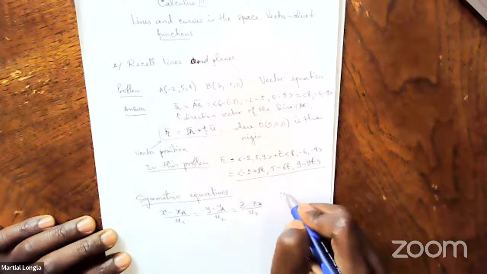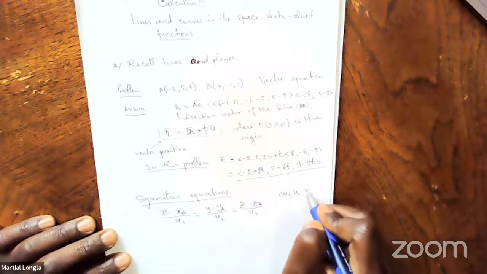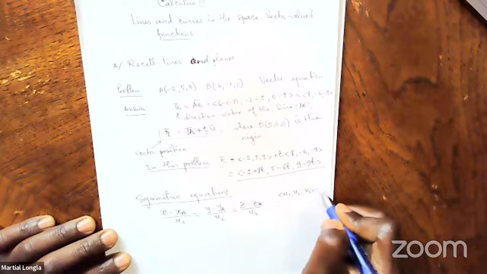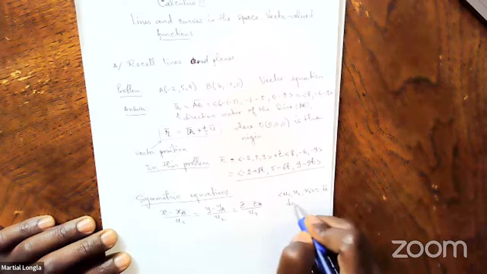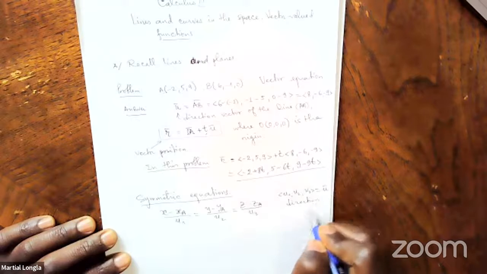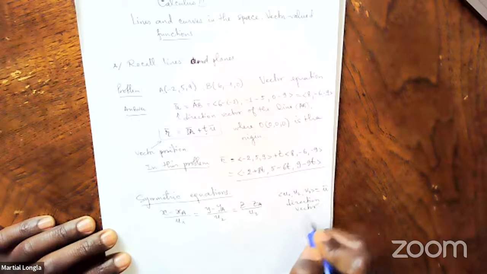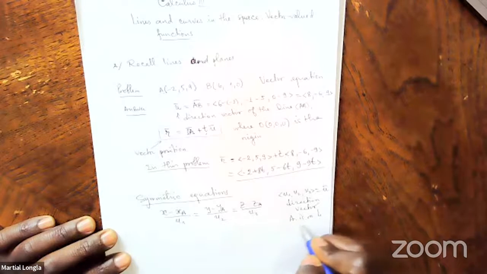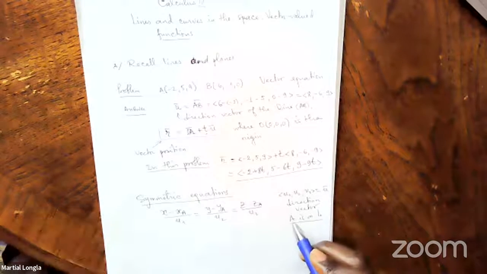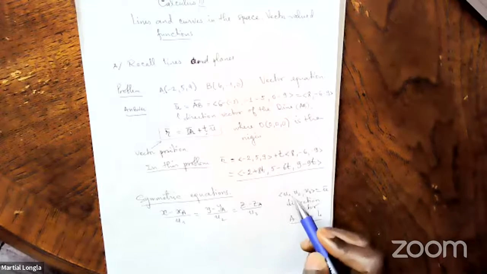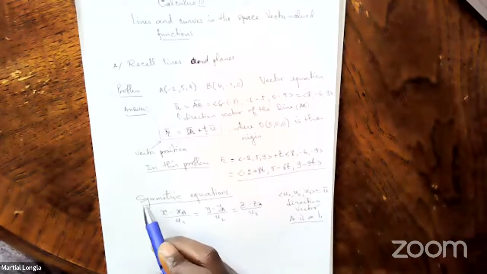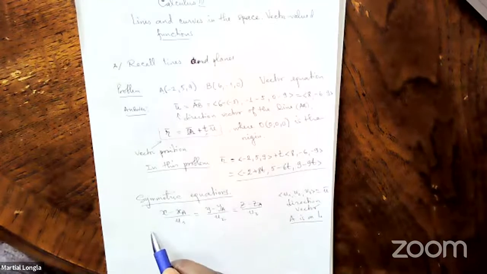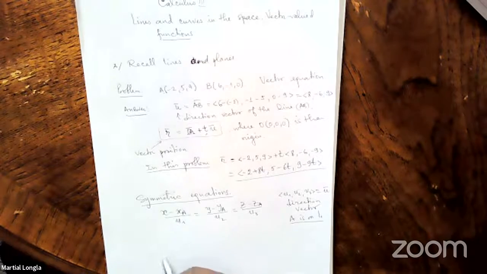So u1, u2, u3 equals u is the direction vector, and A is on the line L. So when I have a point A on the line L with direction u, what we call symmetric equation of that line is given as this.